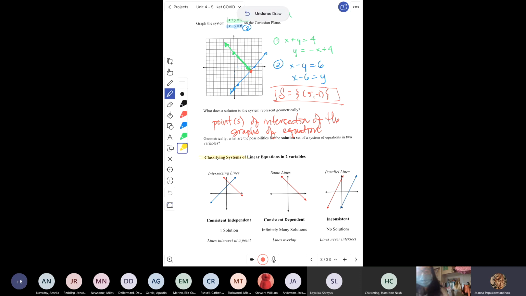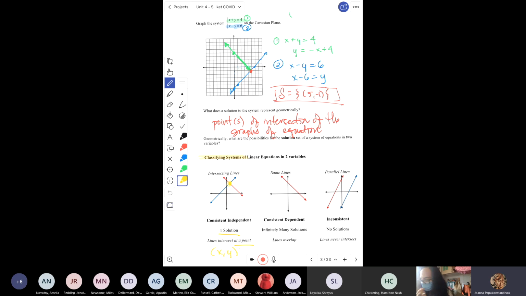So there's special names that you should know of how to classify systems based on how those two lines are related. How are they related in the plane? Well, they can be related in the sense that there is one solution. So if they intersect at one point, there is one solution. The solution is just going to be the point of intersection.